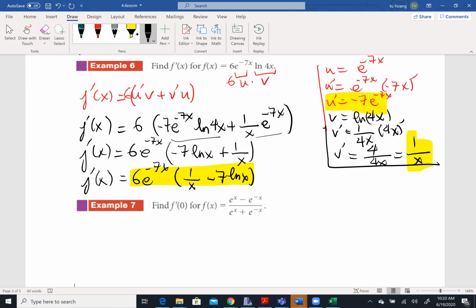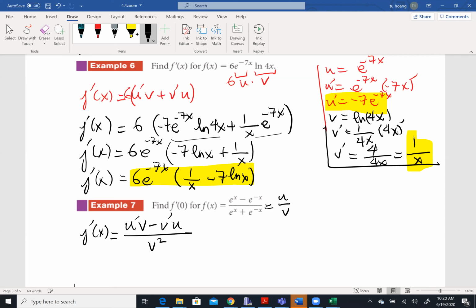So look globally, you can see that it is a fraction. And it actually can be a quotient, u over v, right? In order to take the derivative of that, you need to say f derivative of x will be equal to u prime times v minus v prime times u, and you divide by v squared.